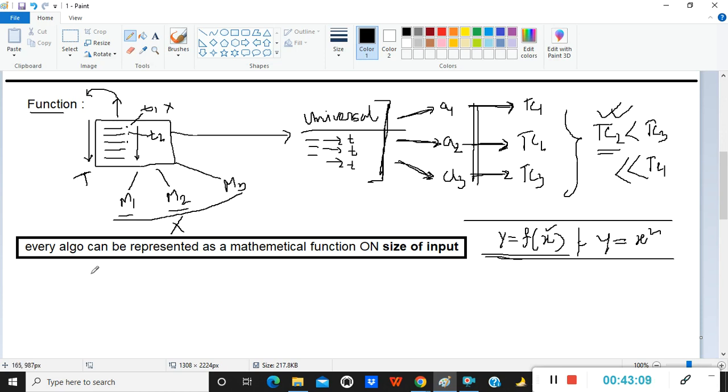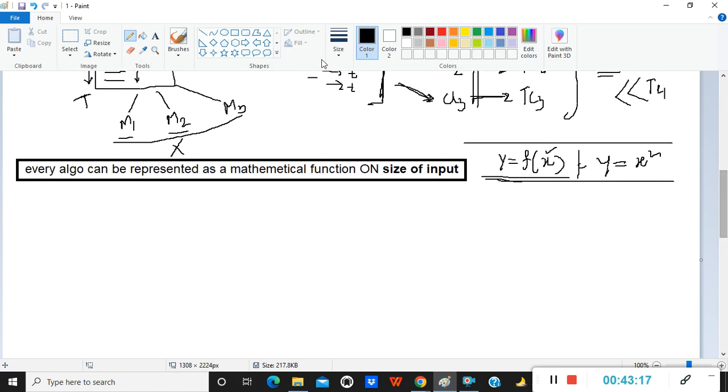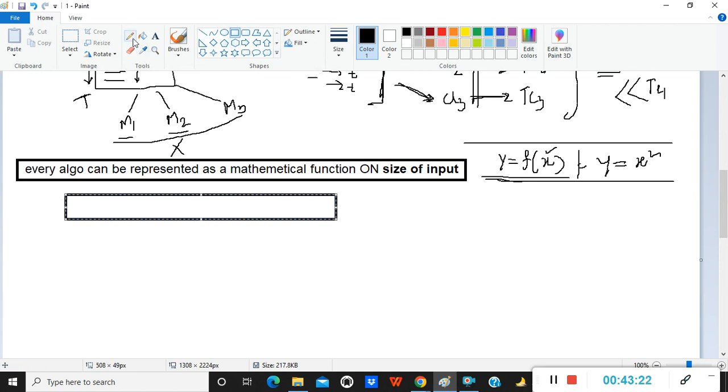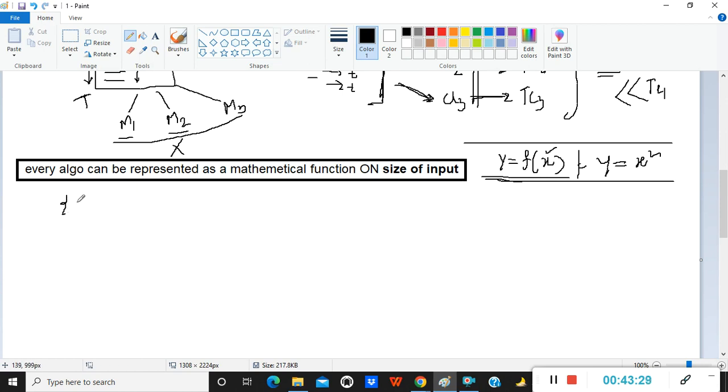Every algorithm can be represented as a mathematical function on the size of input, suppose of size n. To explain this, I am taking this example. Suppose you have an array of some elements, say 5, 7, 2, and you are trying to search a value from this array.